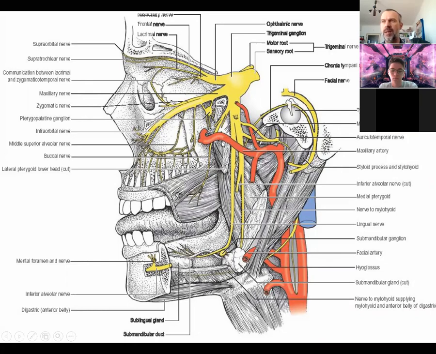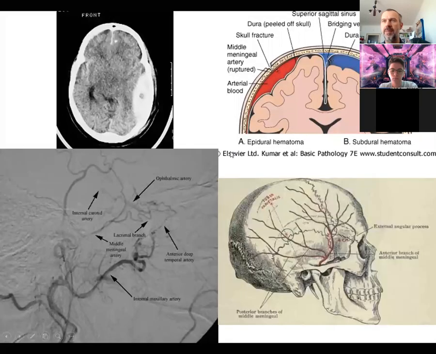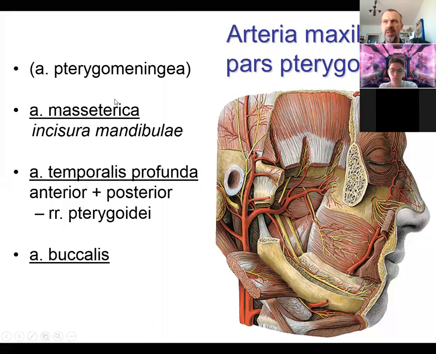And it has to supply the muscles there. So it supplies the masseter as the masseteric artery. The masseteric artery has to leave through the notch. We know that the mandible has got condylar and coronoid processes. And between them, the masseteric artery gets out. It is not drawn here.